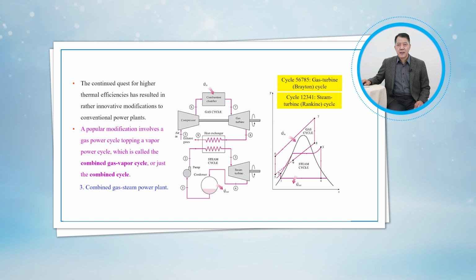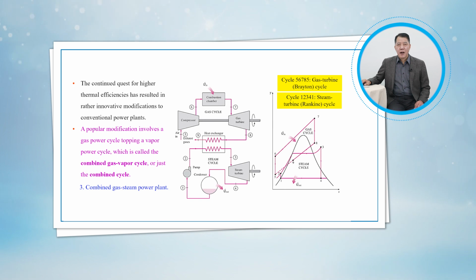Gas turbine cycles typically operate at considerably higher temperatures than steam cycles. The maximum fluid temperature at the turbine inlet is about 620 degrees centigrade for modern steam power plants, but over 1425 degrees centigrade for gas turbine power plants.